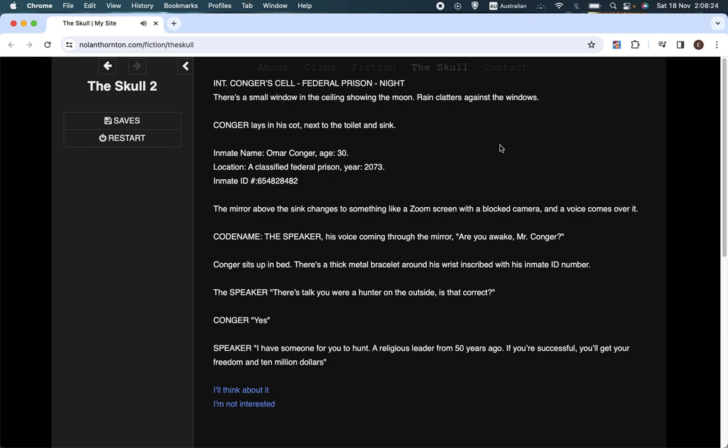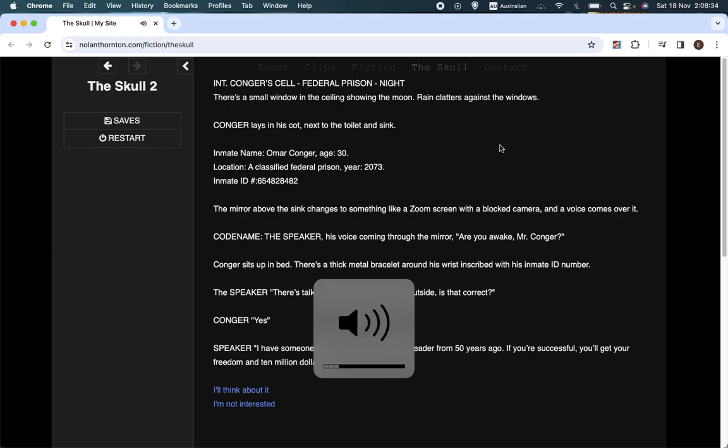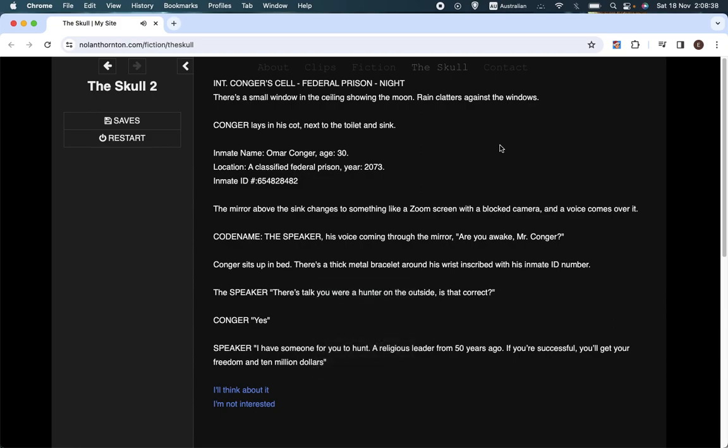It's very basic synthesizer sounding music. It doesn't seem to be trying to sound like real instruments, and I think that fits the science fiction sort of theme.